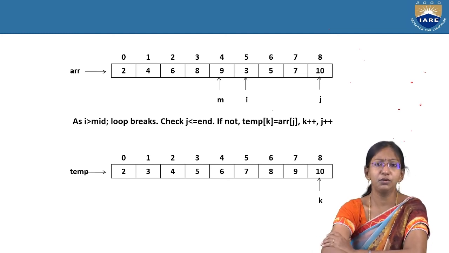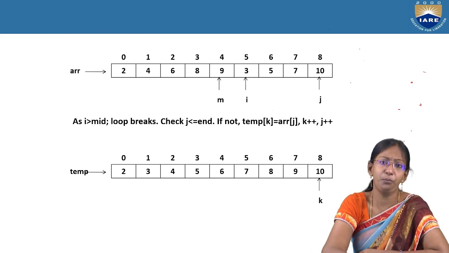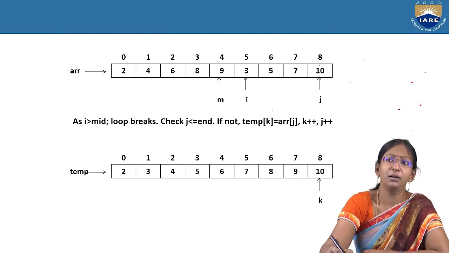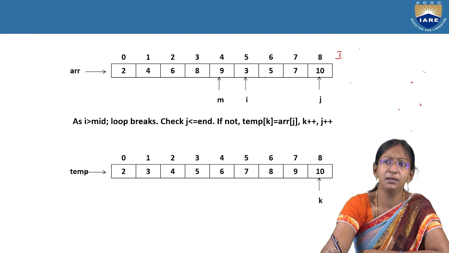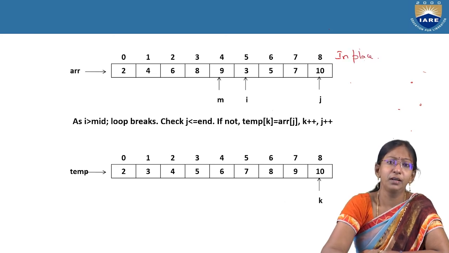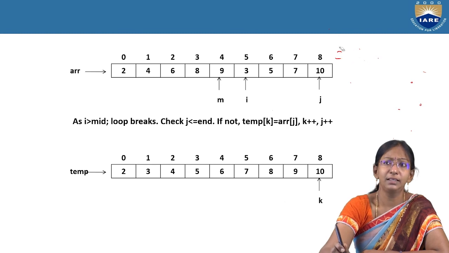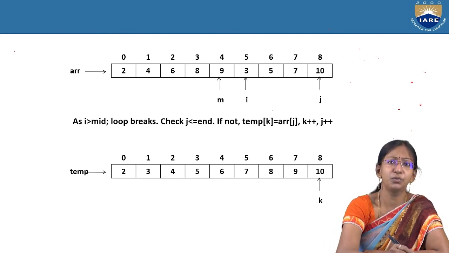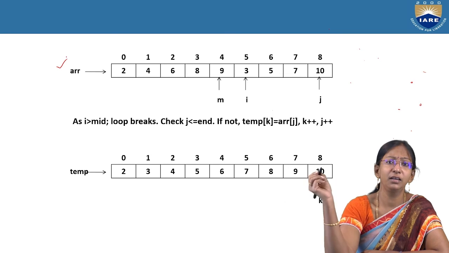But remember this one, it is an in place sorting technique. Please remember, in place means you are not going to disturb the list, the actual list. Have a look at the primary list which was there in our hands, ARR.